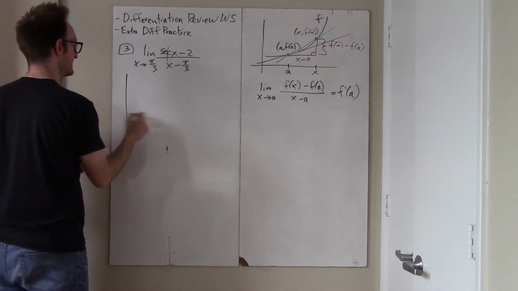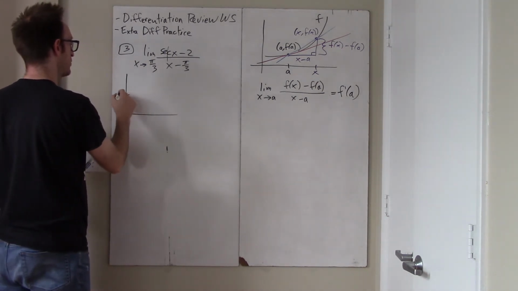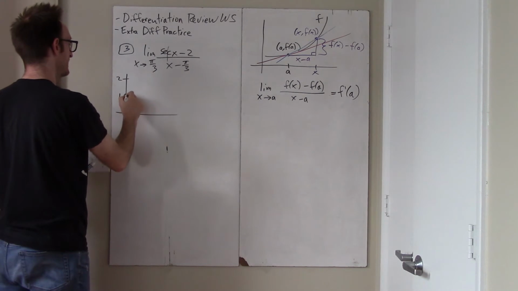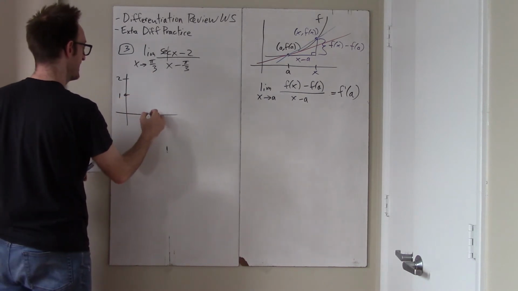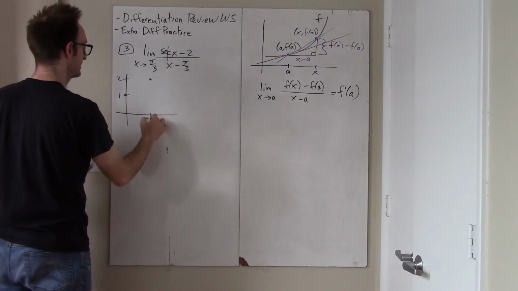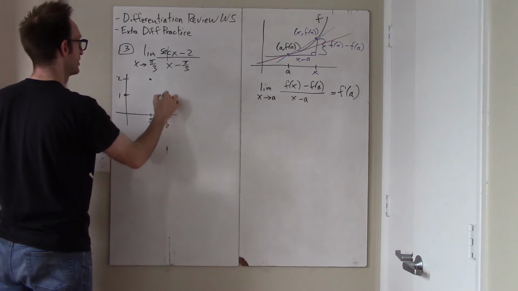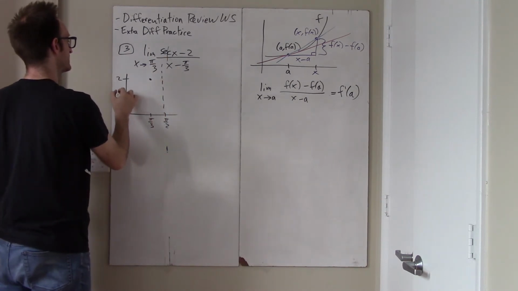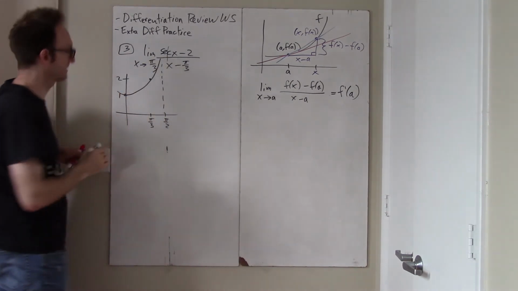Okay, second try, that's 1, that's 2, and over here at pi over 3, the value is 2, and by the time we get to pi over 2, we're off at infinity. And so this graph is looking like this.